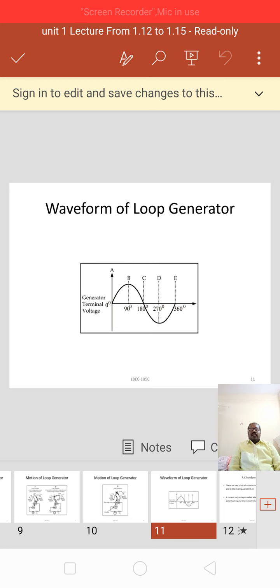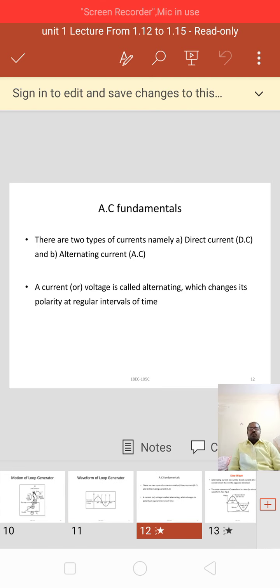See, in this it starts from 0 degrees to 90, 90 to 180, 180 to 270, 270 to 360. A complete sine wave can be generated in the loop generator, as shown in the figure above.